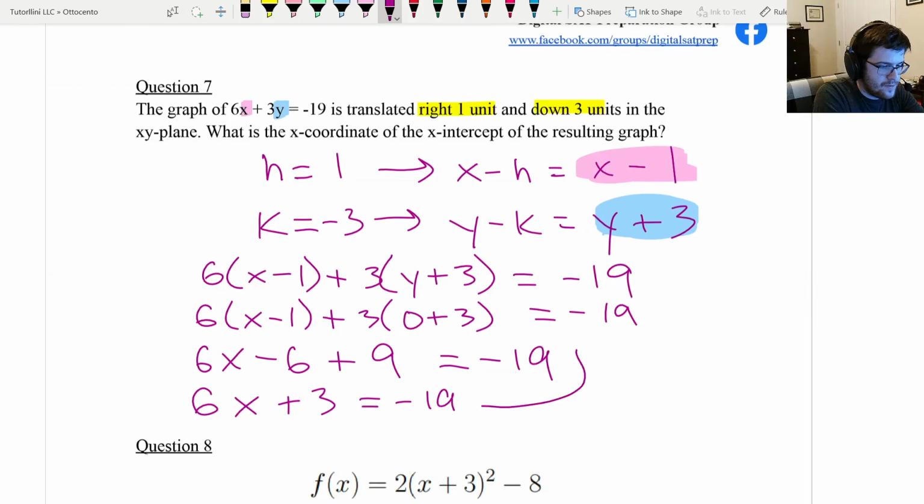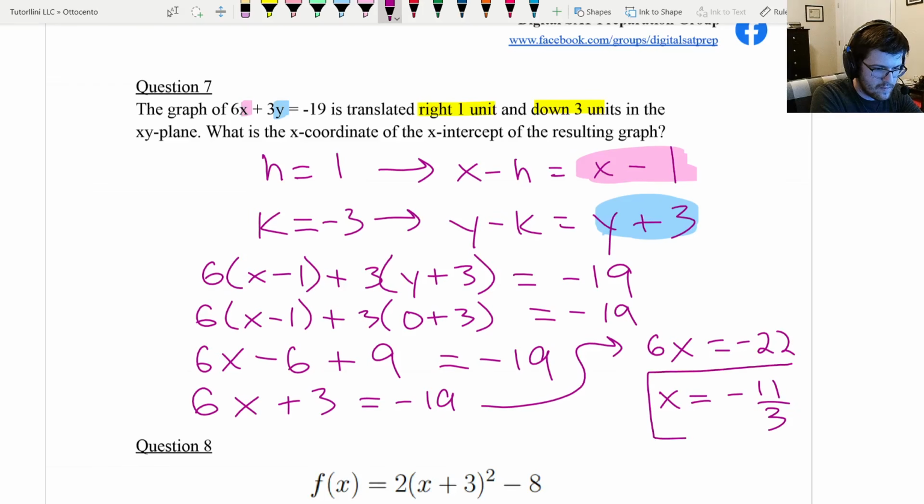Now we're going to subtract 3 from both sides, and we get 6x equals negative 22. And now we're going to divide both sides by 6. And we should get x equals negative 11 over 3. Negative 22 over 6, but it simplifies to negative 11 over 3.